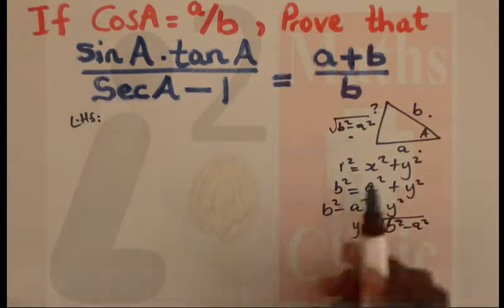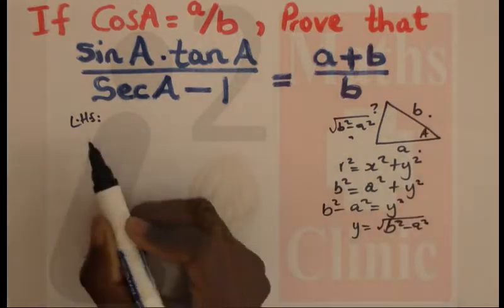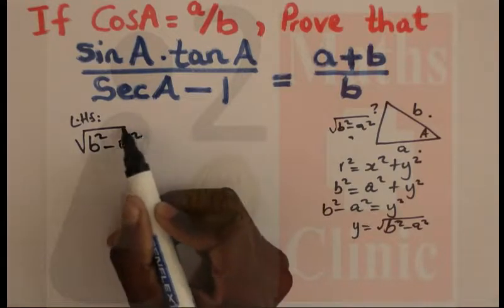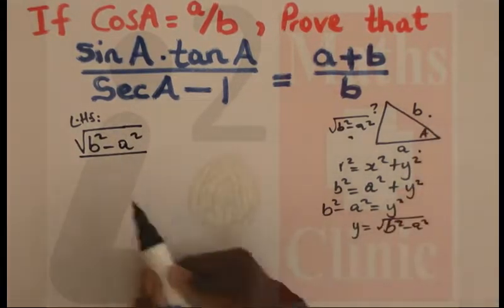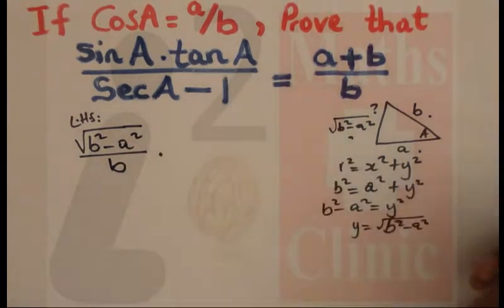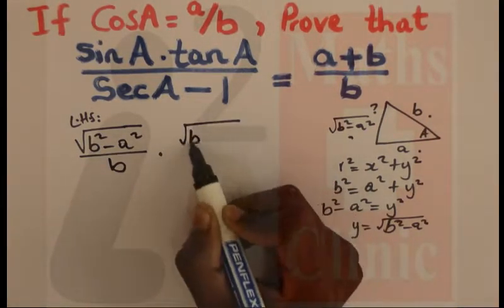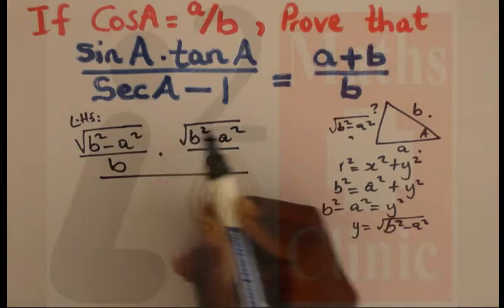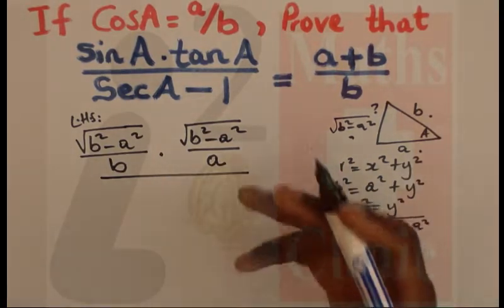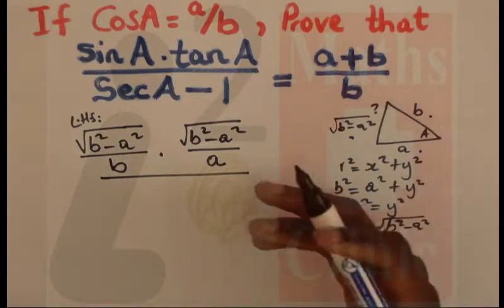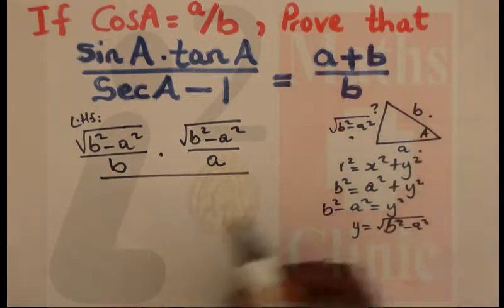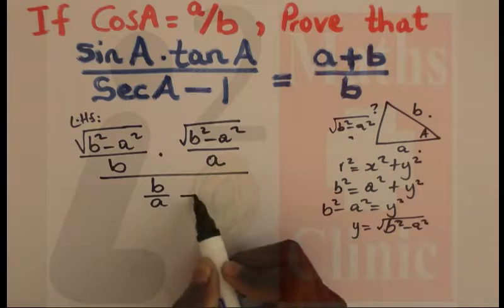Sine of A is opposite over hypotenuse, so sine of A equals root of B squared minus A squared over B, times tan of A, which is opposite over adjacent, root of B squared minus A squared over A. This is all divided by sec of A minus 1. Sec is the inverse function of cos, so sec is hypotenuse over adjacent, which is B over A.